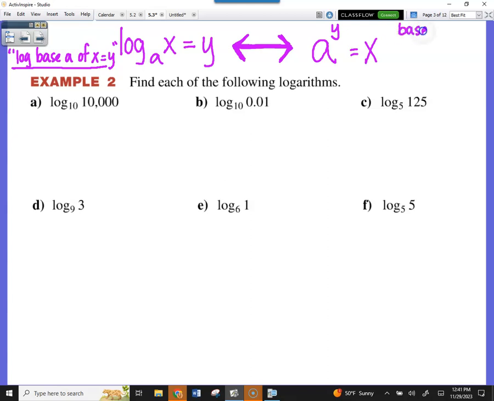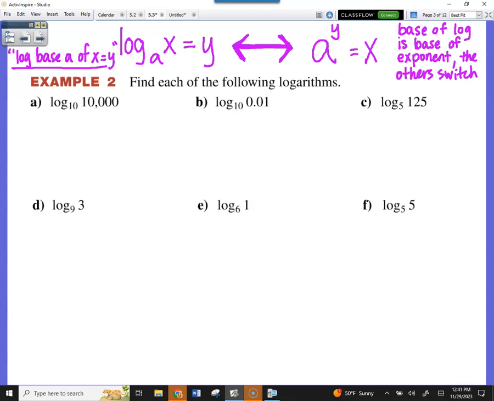The base of log is base of exponent, comma, the others switch.